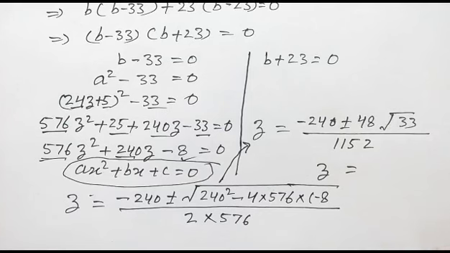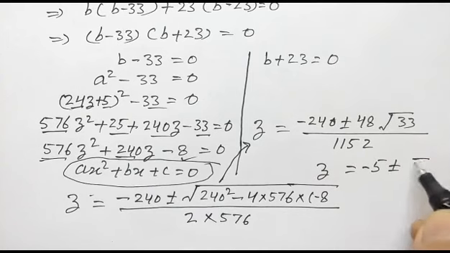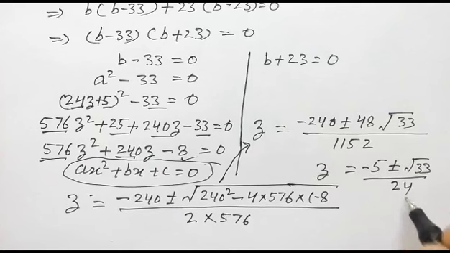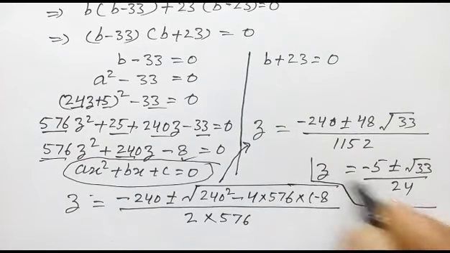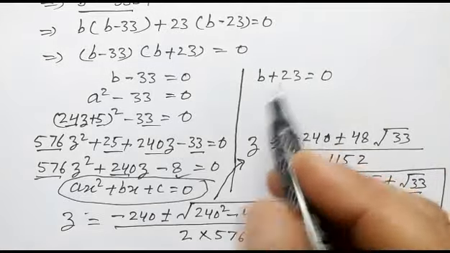So z is equal to, if we solve this, minus 5 plus minus square root of 33 over 24. This is the first root, right?